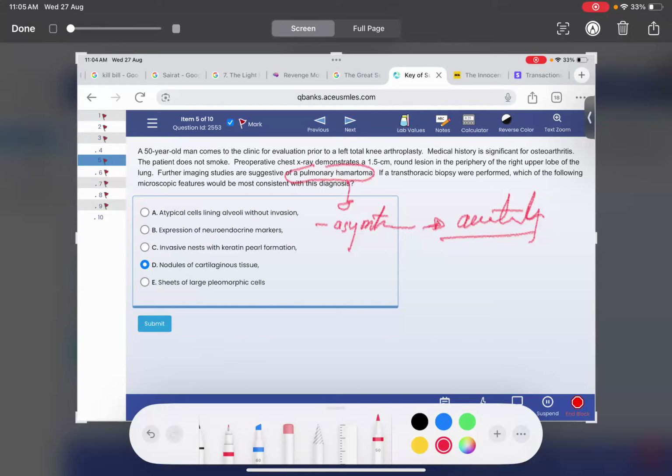Whenever you do a biopsy of it, you will find two most important things. When you see it under the microscope, you will find cartilage and fat-like material.